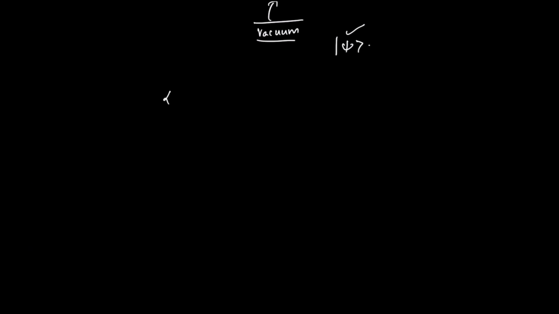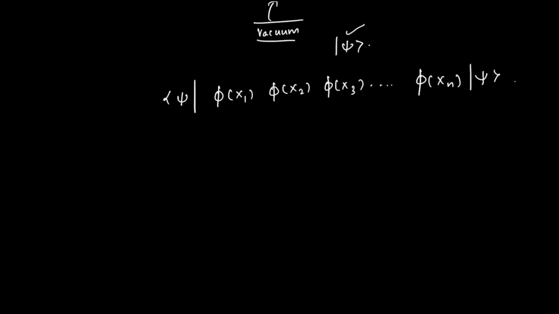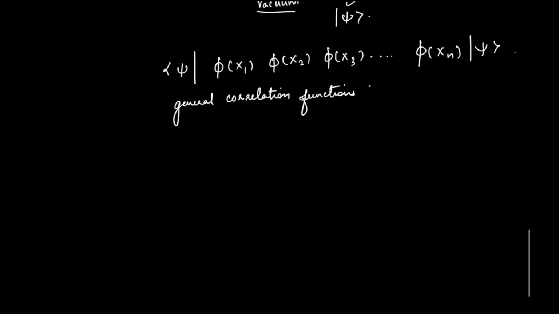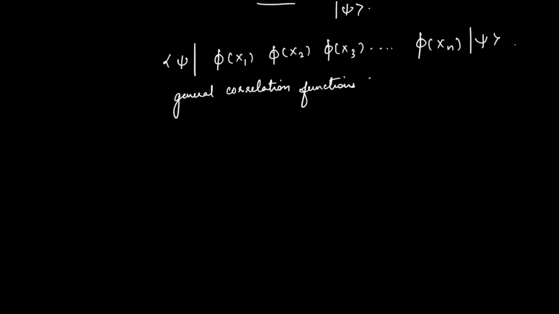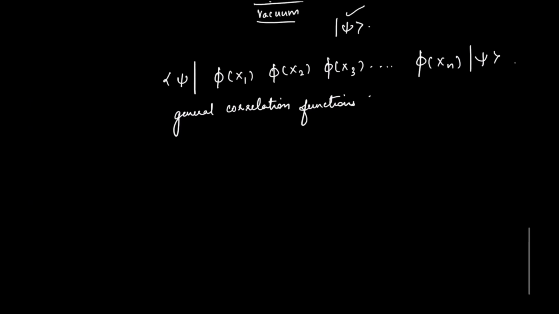So I can represent it by ⟨ψ|φ(x1)φ(x2)φ(x3)...φ(xn)|ψ⟩. So this is the general correlation function. This is something like an n-point function. You said 2-point correlation, 3-point correlation. Now this is n-point correlation.